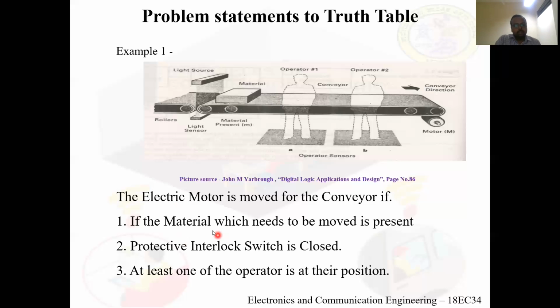The other input variables are, the first one, material, that is one input variable. The switch is one input variable, and at least one of the operators is the third input variable, and we have a fourth input variable as well. From the problem statement, come up with the input and output variables.